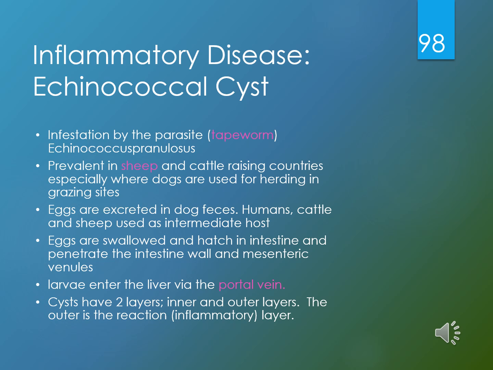Eggs are swallowed and hatched in the intestines and penetrate the intestine wall and mesenteric venules. Then the larvae enter the liver via the portal vein. One of the other infectious diseases will come in through the portal vein. The cysts have 2 layers, inner and outer layers. The outer is actually the reaction or inflammatory layer.